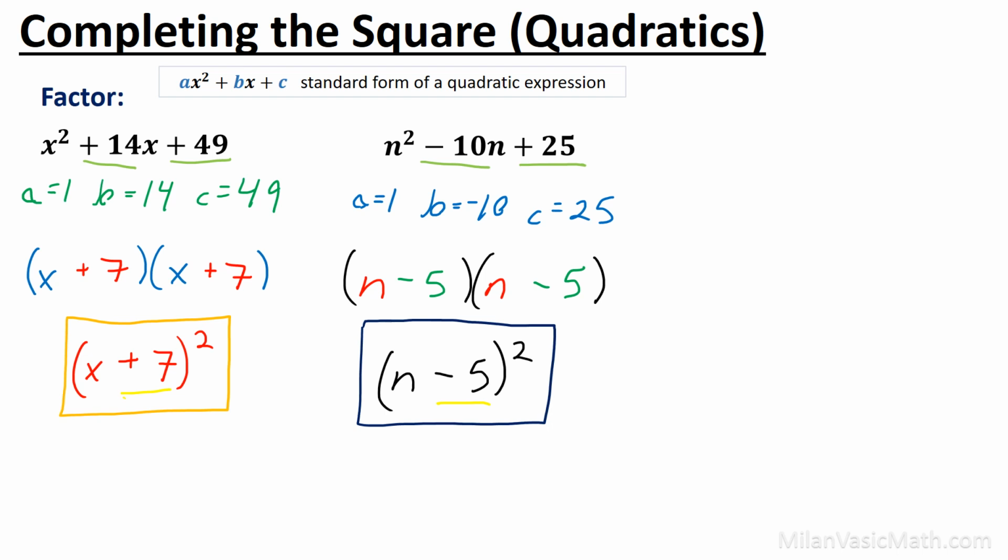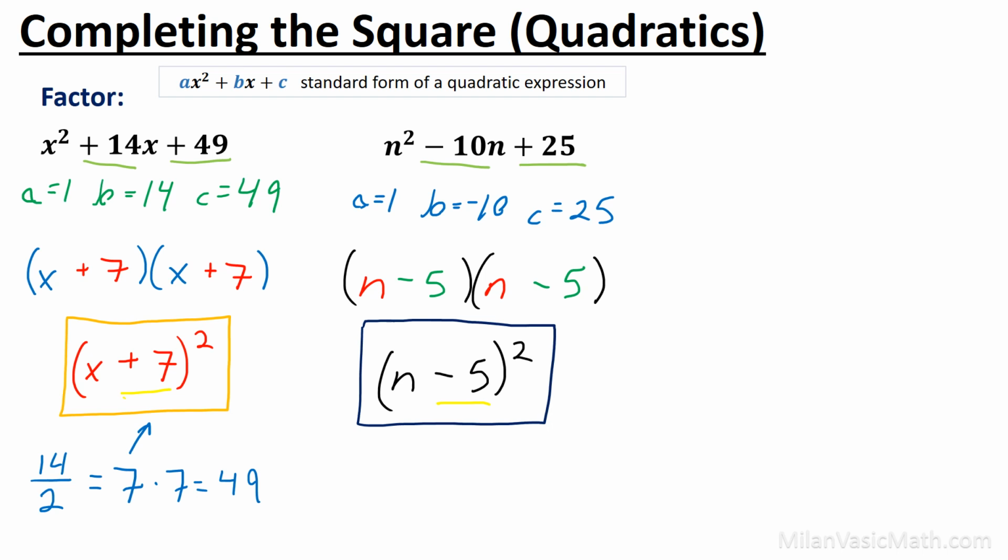There are a few different answers, but the one I want you to see is that if you take the b value of the starting expression and divide it by 2, you get the number that's in the factor. And then that 7, if you square it, gives you the c value, 49.